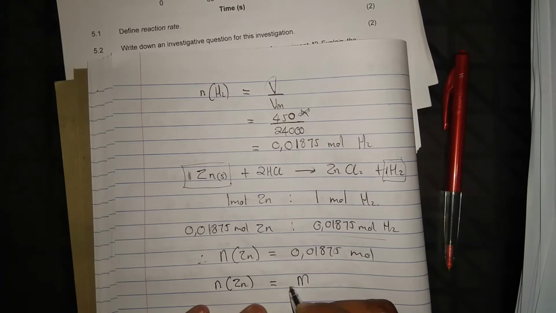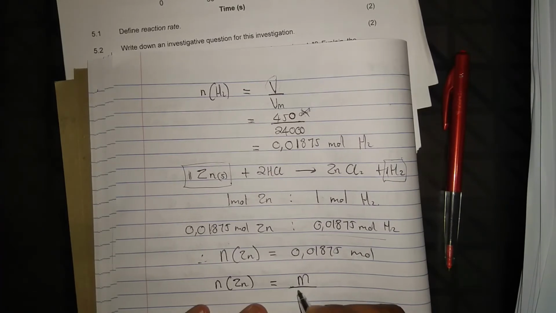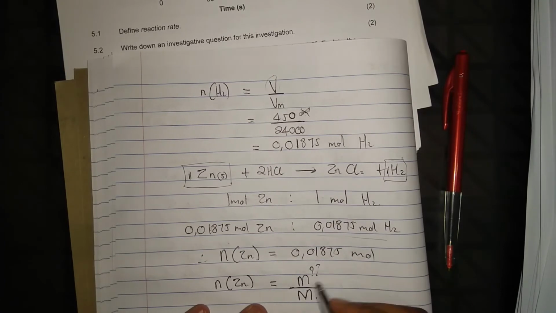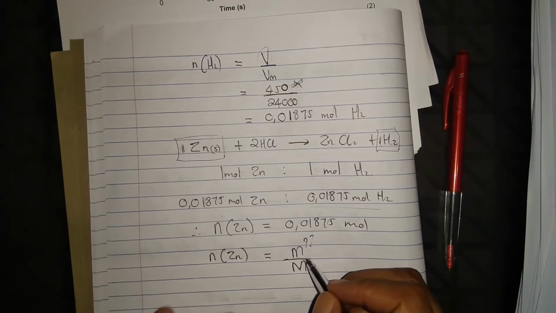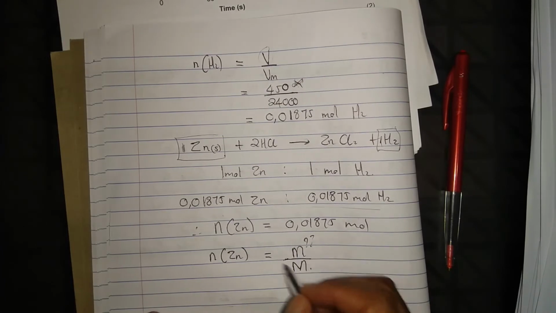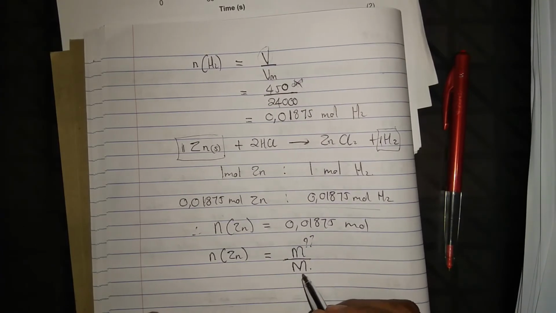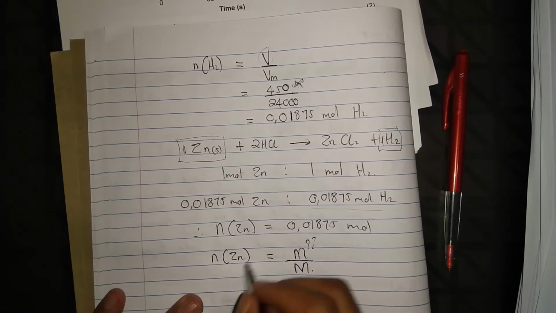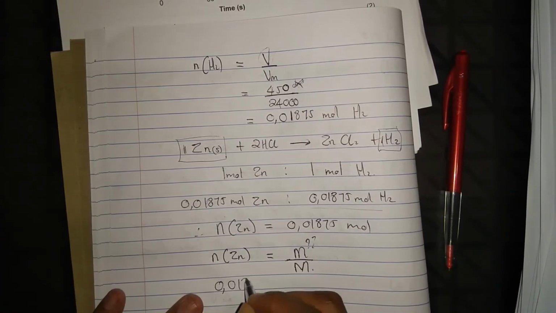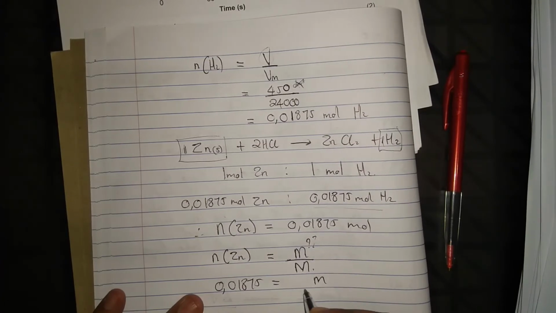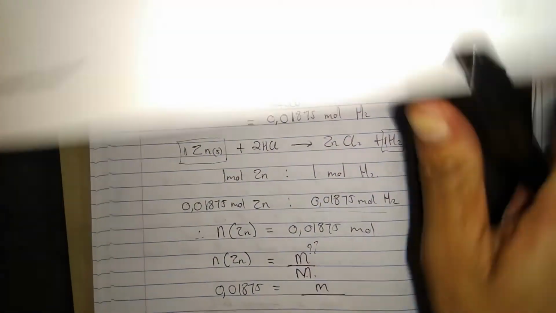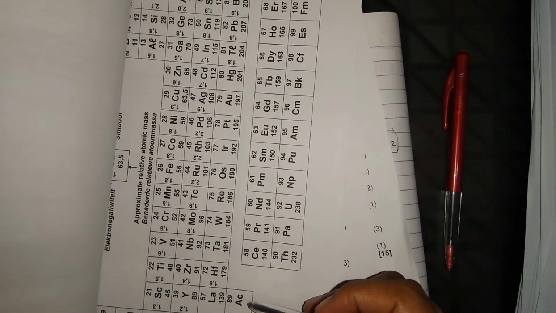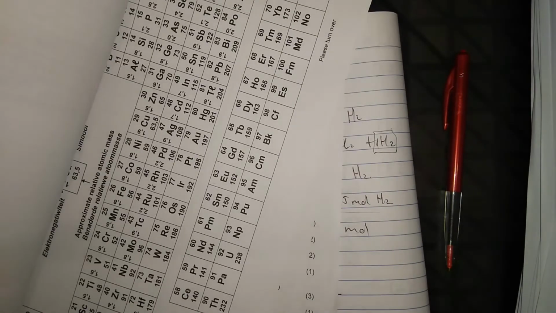The number of moles is mass over molar mass, so I can use this formula to find the mass. So 0.01875 equals the mass over the molar mass of zinc. What's the molar mass of zinc? Where is zinc on the periodic table?